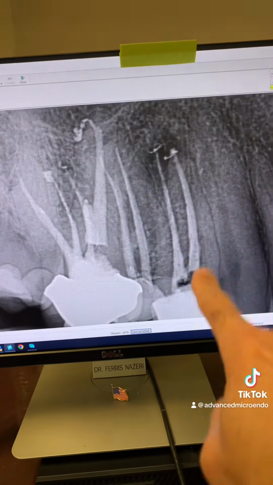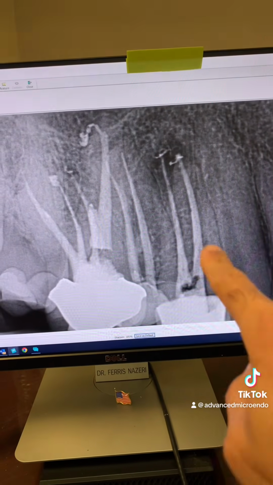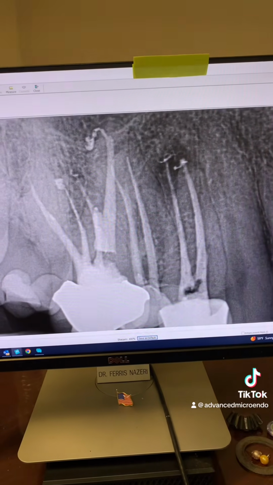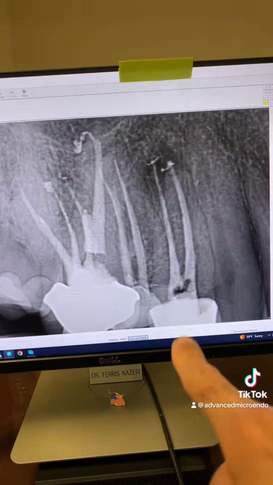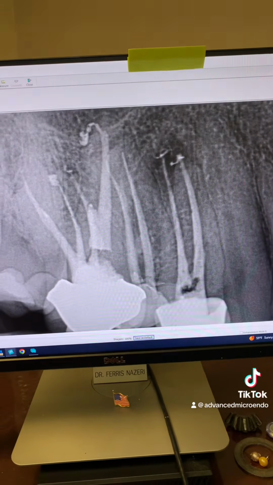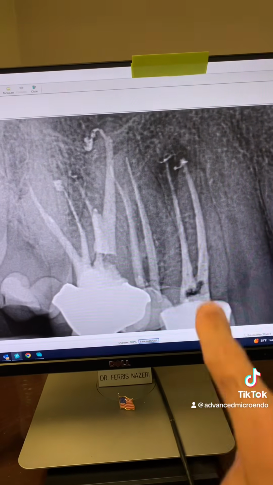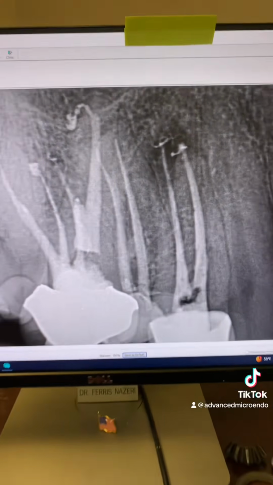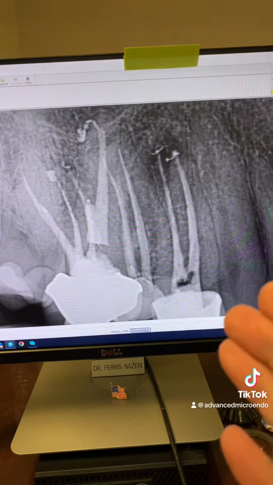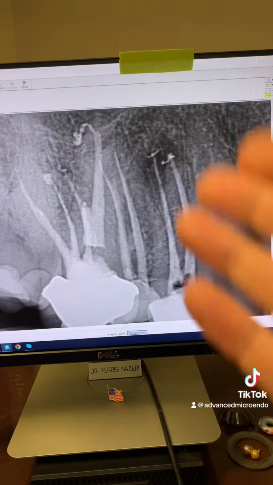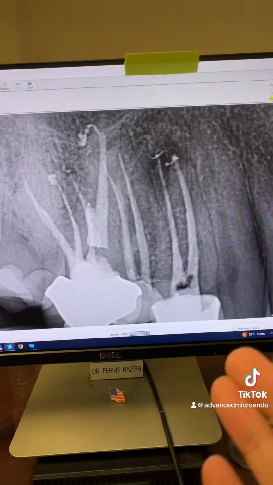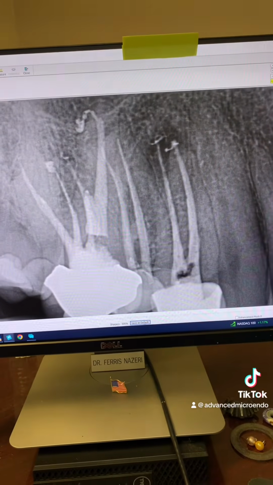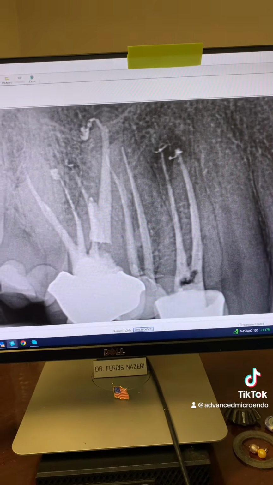And here's the post-op. As you can see, that's the missed palatal canal right there. These were 23 millimeter long roots, and you can see that they're completely separate. So these first premolars, 85% of the time, they have 2 canals.